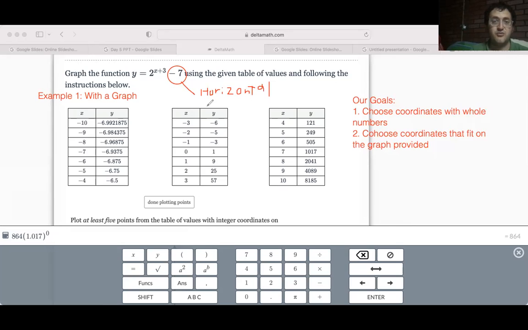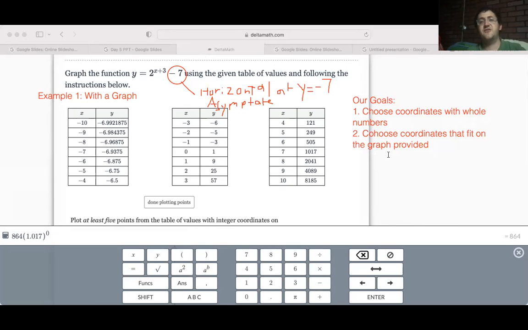And you'll see this word a lot in pre-calc. At y equals -7. And we're going to see here in the graph what this means.